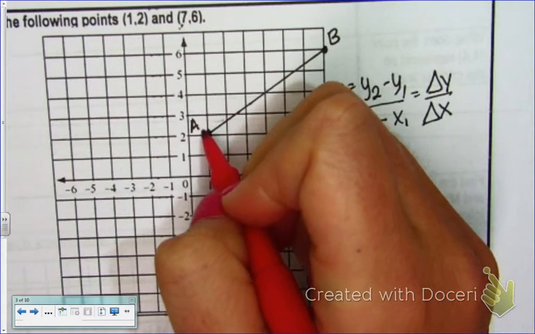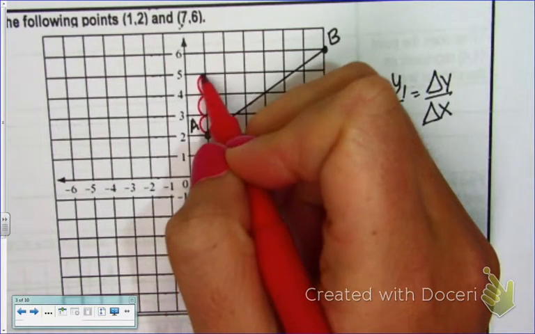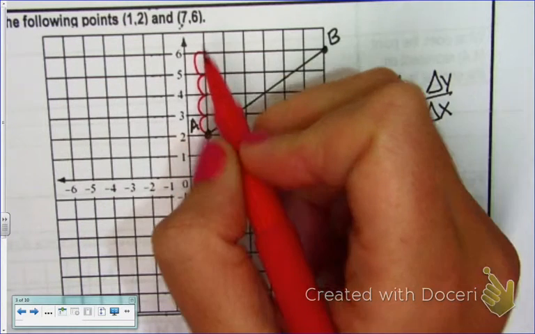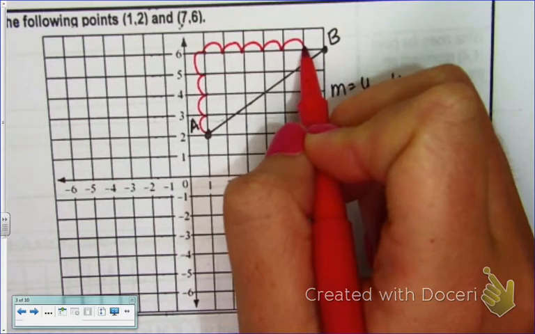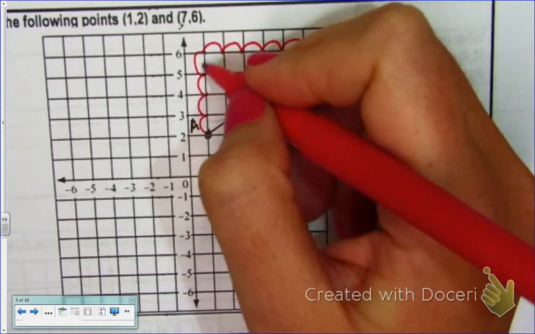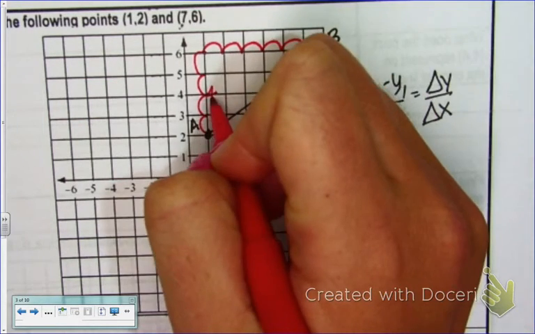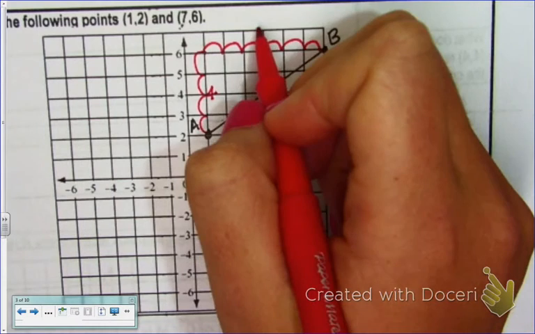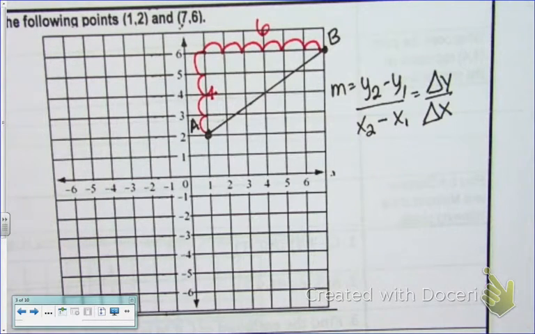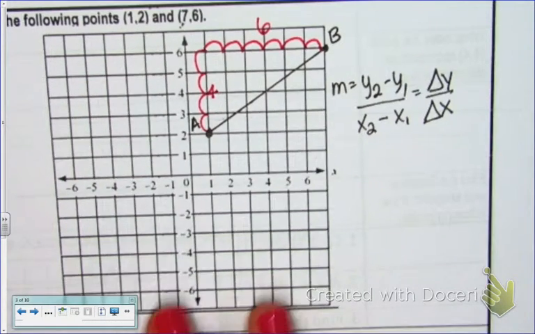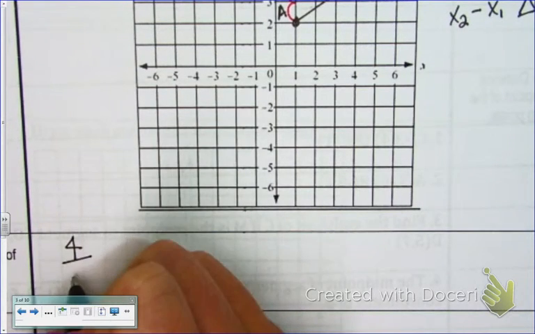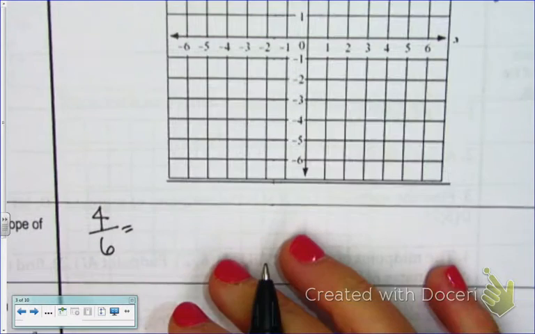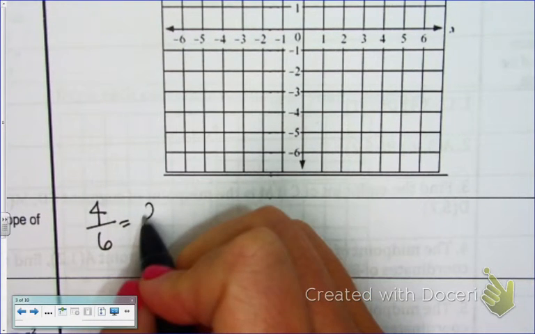So we go up 1, 2, 3, 4, and we run 1, 2, 3, 4, 5, 6. So the distance from here to here is 4, and the distance from here to here is 6. So our slope is our rise over our run, which you can then simplify to 2/3.